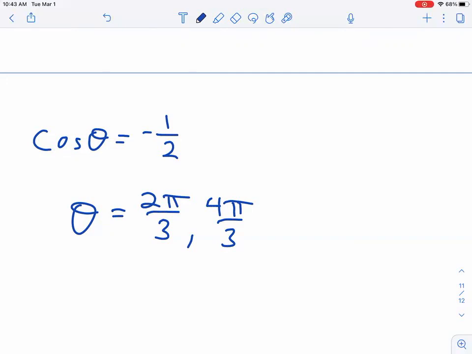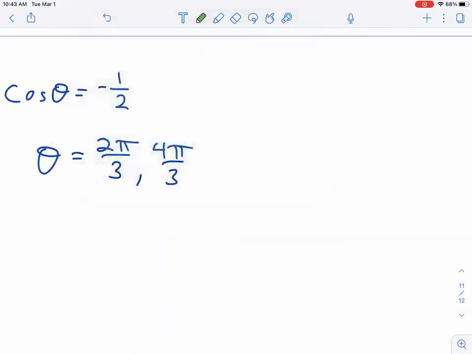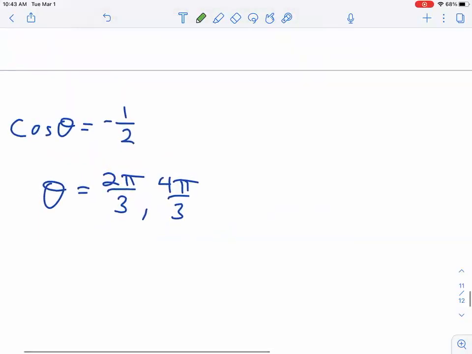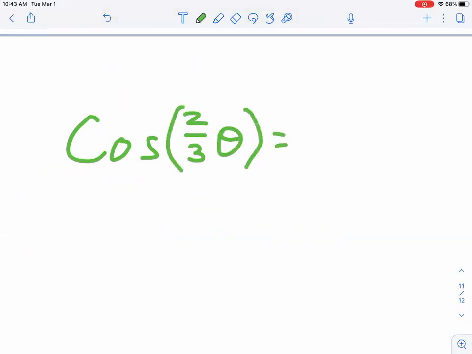But now I'm going to change that problem. So this I do think you should write down. What if it wasn't cosine theta, but I said the cosine of, let's say, 2/3 theta is equal to -1/2.